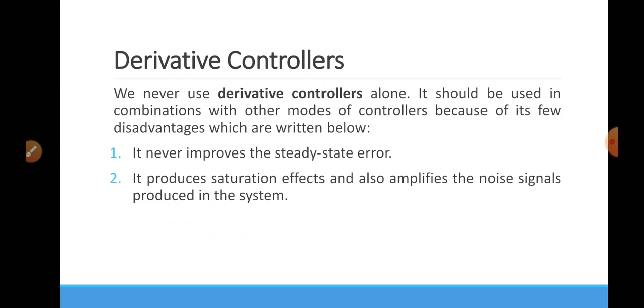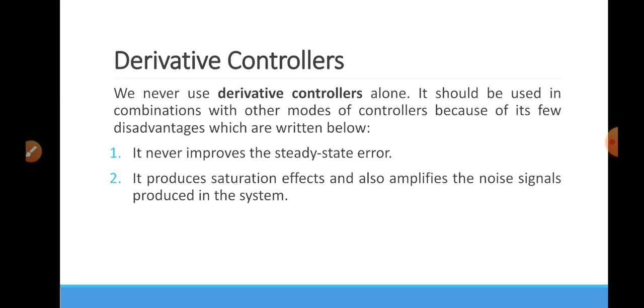Now, derivative controllers, the name itself suggests a derivative. We have seen the proportional type of controller and the integral type of controller. In the proportional type of controller, the output is in proportion with the input, and in the integral type of controller, the output is in proportion with the integral of the input.